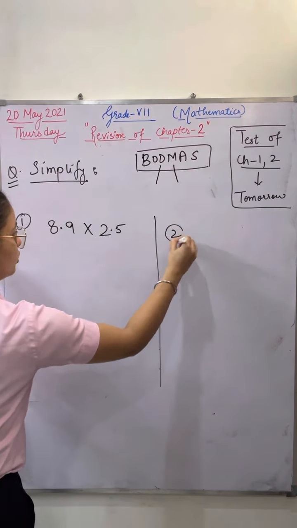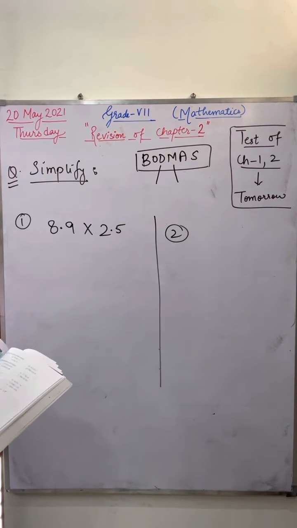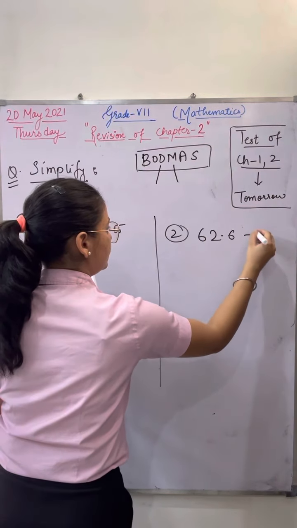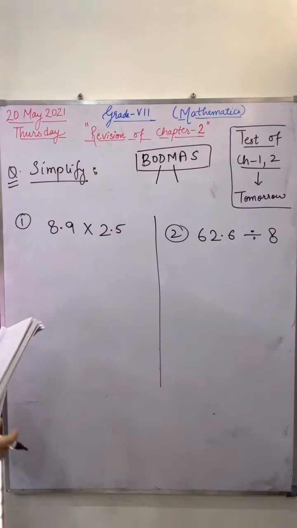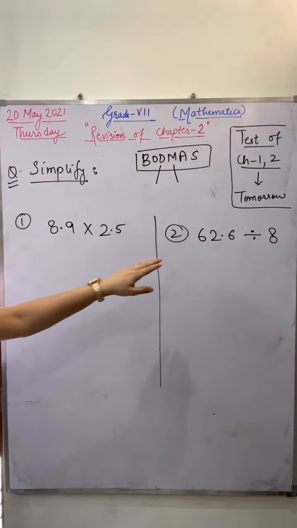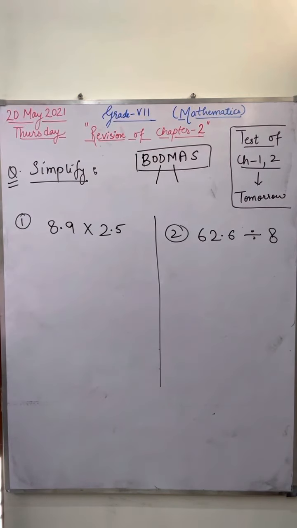Okay, and the second question is of division I am giving you: 62.6 divided by 8. Please do these questions quickly. The first question is multiplication of decimals, the second is division of decimals. Quickly solve it.